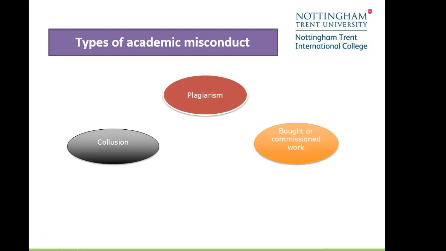And bought or commissioned work, which can be buying an essay from a website, or commissioned in this sense can be someone else has written it. So it could be a friend or a family member of the student who writes the essay.